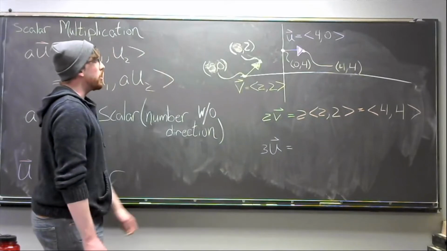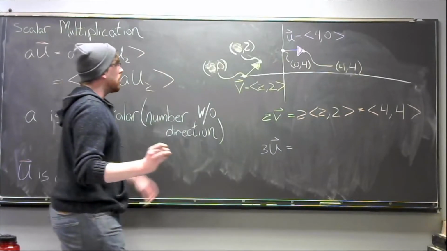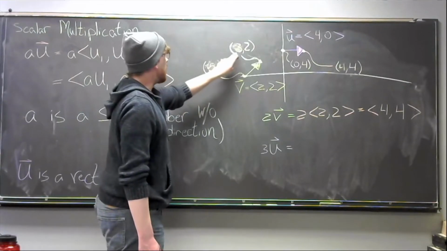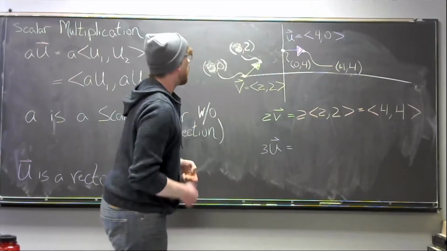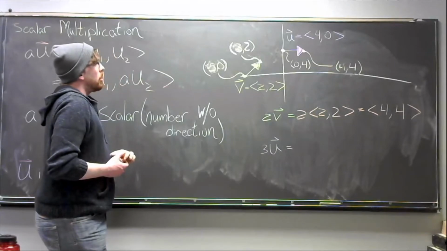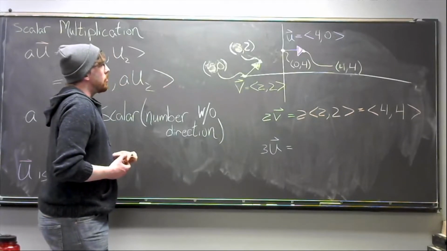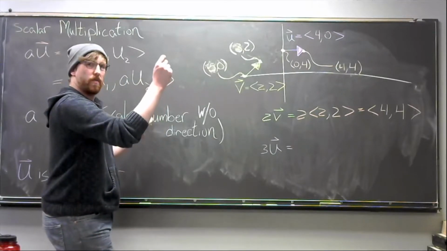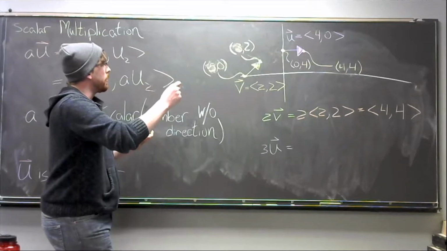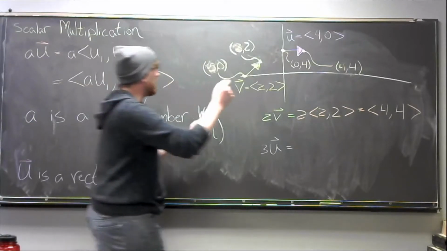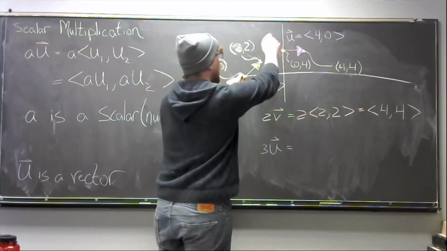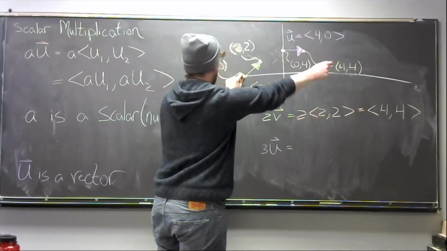Our original vector's tail was at -5, 0, and its head was at -3, 2. So we want to put the new vector's tail at -5, 0 and put its head wherever its head belongs.